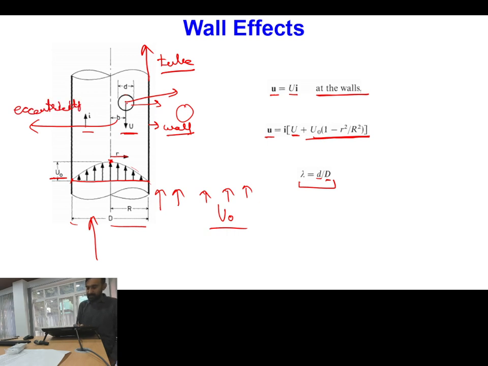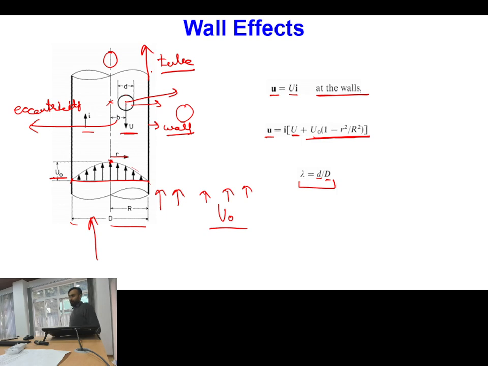This is nothing but the distance of the center of the particle from the axis of the confinement. Because if your particle is just falling at the axis, then it will always be experiencing the maximum value of velocity. Whenever it moves away from the axis, the value of velocity will keep on decreasing. So that's why eccentricity is also an important parameter.